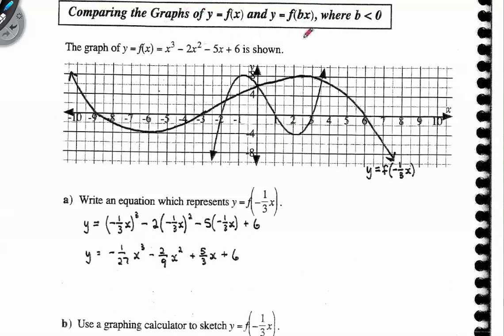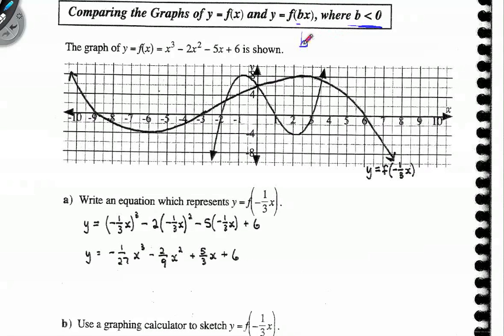So now it goes on to talk about what if b was actually less than 0. How would that affect things? Well, again, we can see that b has to do with a reflection in the y-axis, and if it's negative, because it's multiplying the x, sorry, I think I'm getting my terminology mixed up.